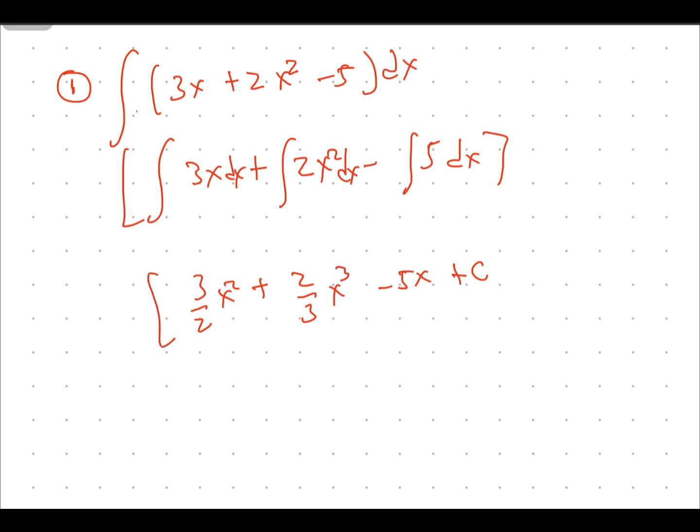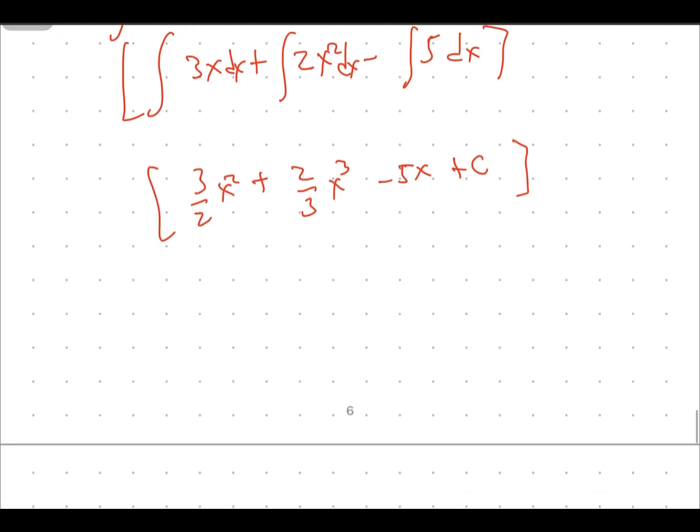You can use differentiation to check this. So differentiating this, we are going to get 2 times 3 over 2 x, and when you subtract 1, we get power 1, plus 2 over 3 times 3 x, and when you subtract 1 from here, we get power 2, and then minus 5, because differentiating 5x gives 5, and differentiating the constant gives plus 0.